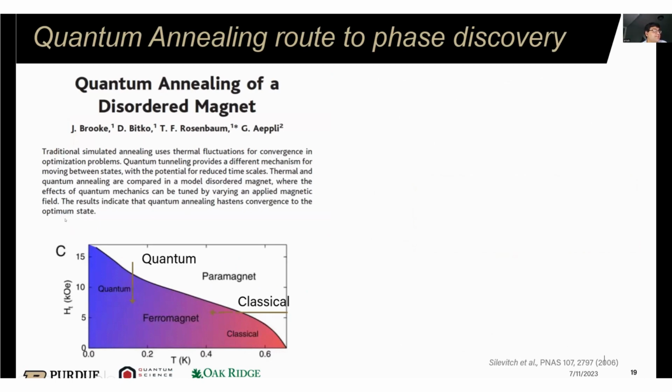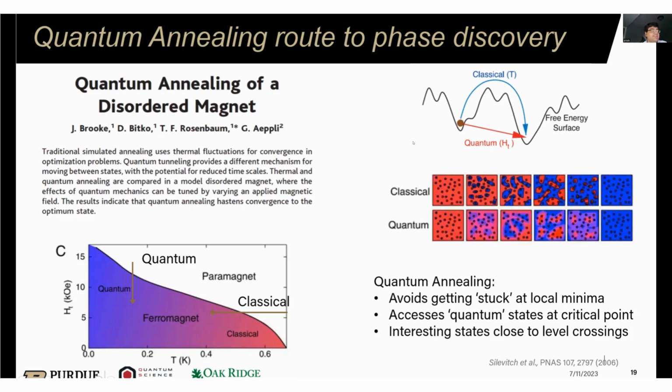The way classical annealing works is that you slowly reduce the temperature to get to your final ground state, while in quantum annealing you tune a quantum tuning parameter, which could be something like a field. The crux of what I have been talking about is that in classical annealing, you have to go through all these barriers iteratively to get to the final energy state, while in quantum annealing, we can just tunnel right there.